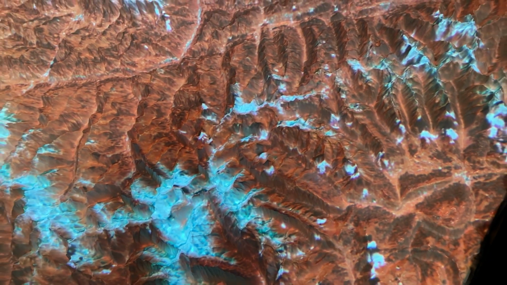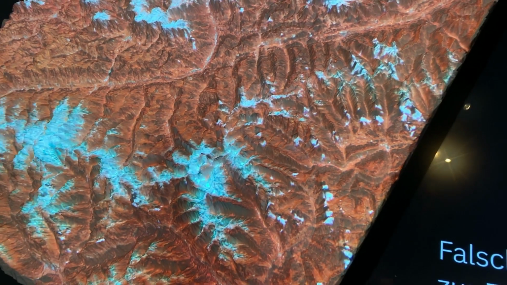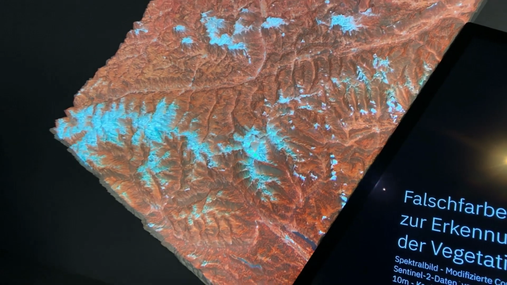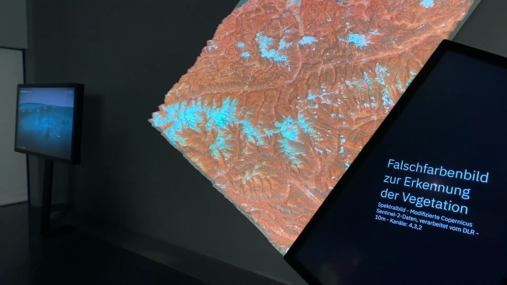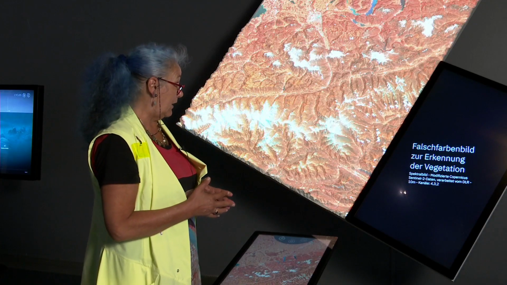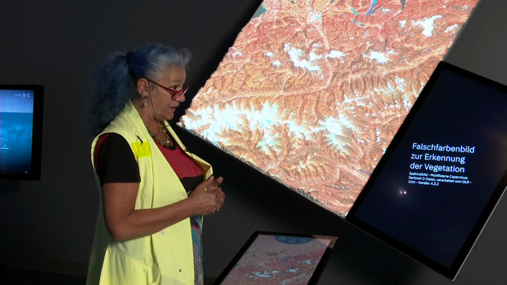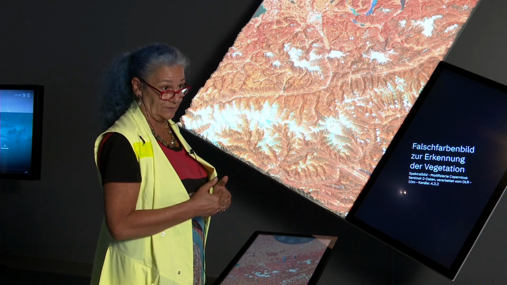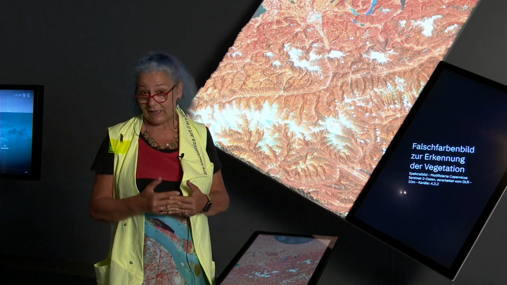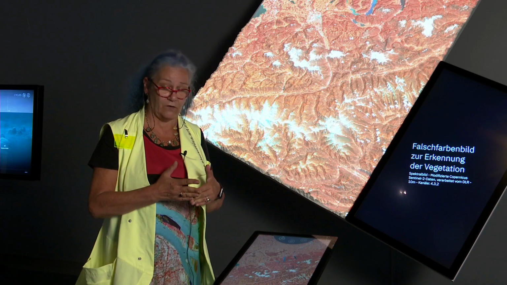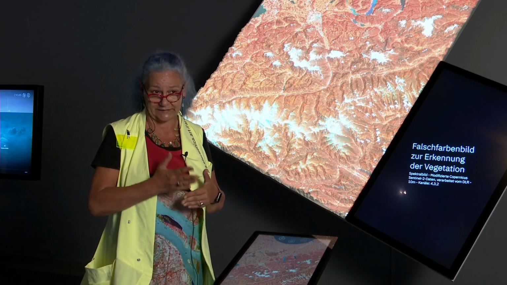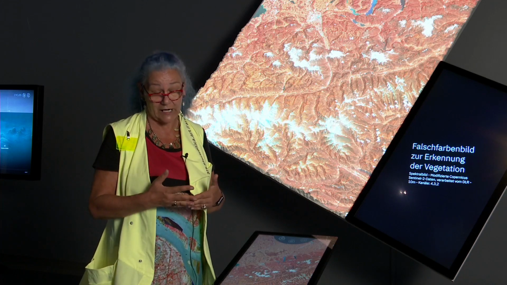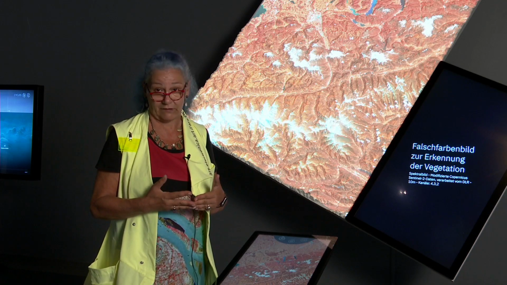So let's start with the so-called vegetation image. Now there is a channel in the near-infrared spectrum. Near-infrared spectrum is very close to the red we can still see with our eyes, but it is invisible to our eyes.